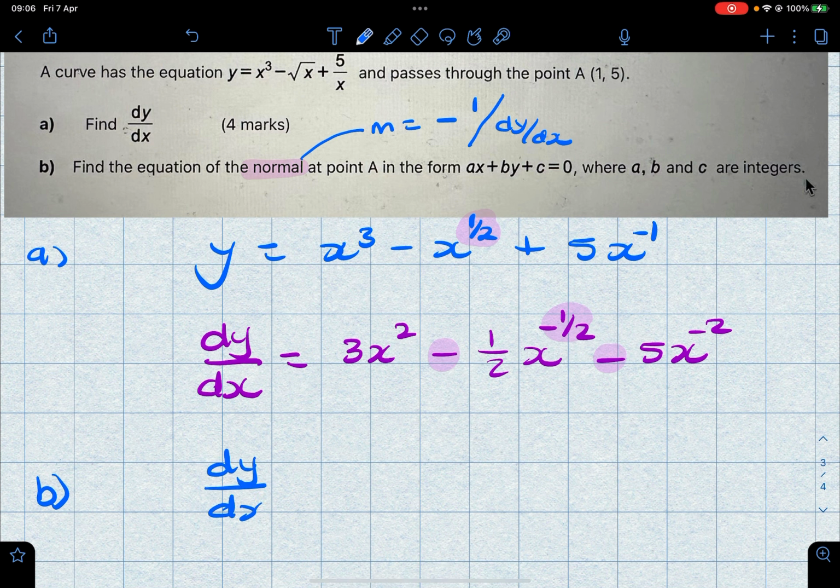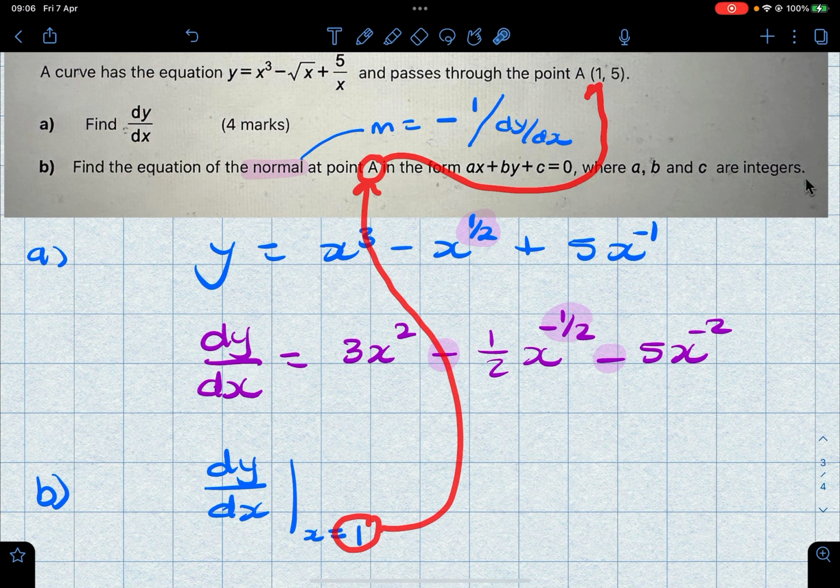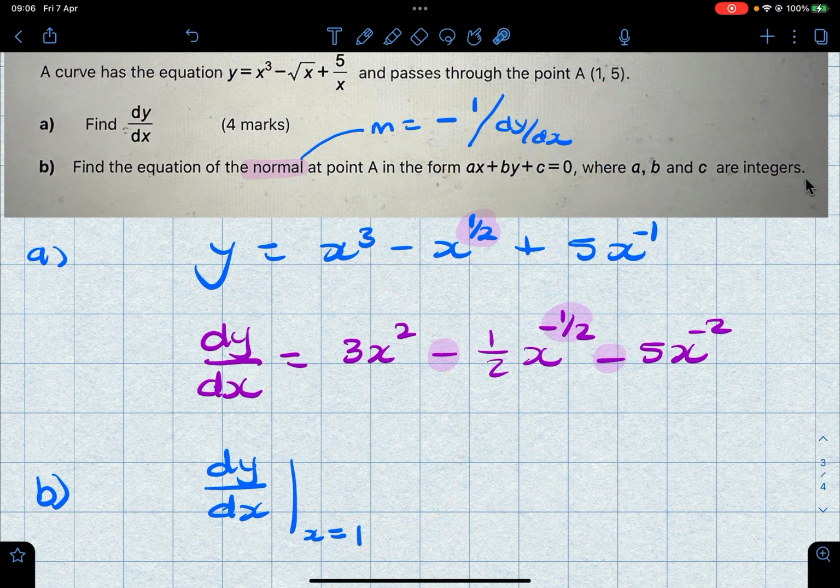So dy by dx at x equals 1. Where did I get 1 from? I got 1 because they said point A. And point A is given there. So I know that x is equal to 1, so I can simply substitute 1 into my expression there.